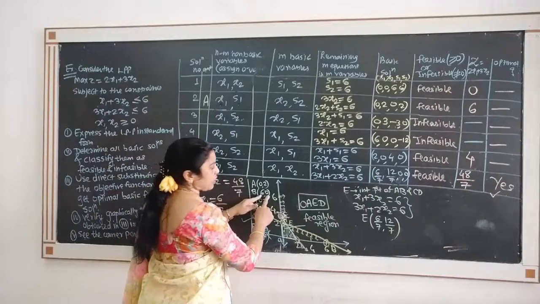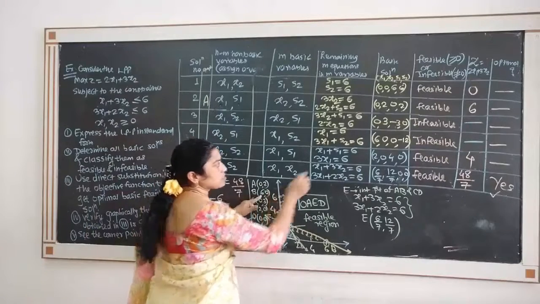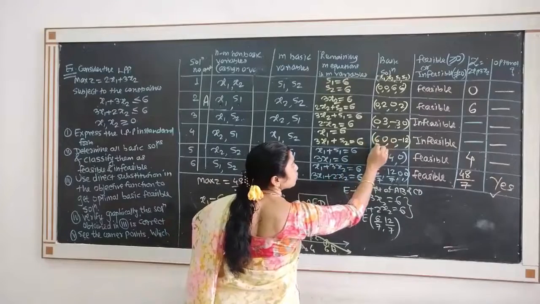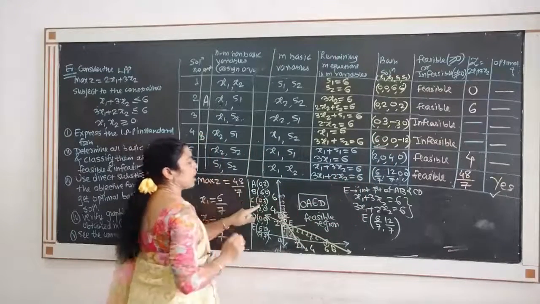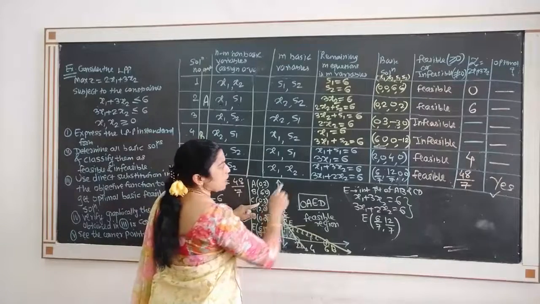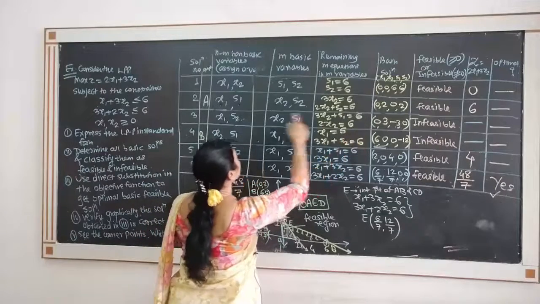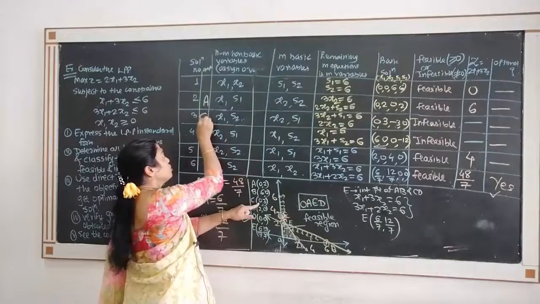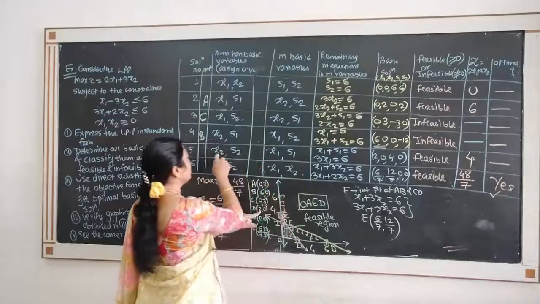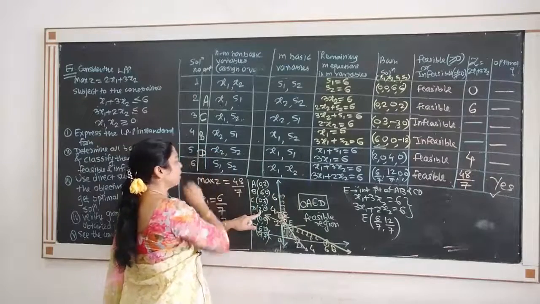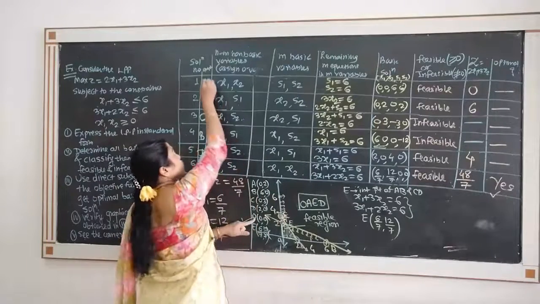6, 0. B point is 6, 0. See this point, 6, 0. So B point corresponds to this solution. 0, 3. 0, 3 is this one. So this solution corresponds to C. 2, 0. 2, 0 is this one. So that corresponds to D. 0, 0, that is the origin.